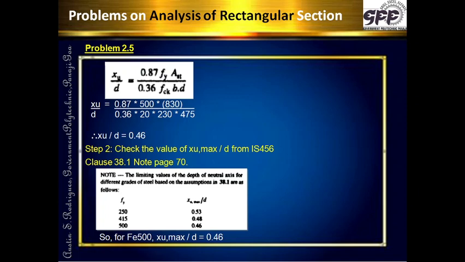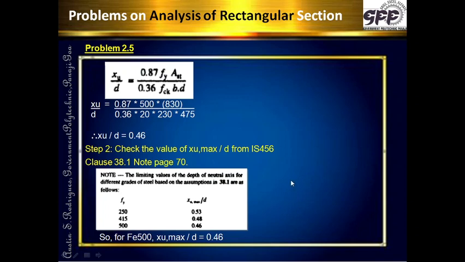As usual, the second step is to check the value of xu max by d from IS 456:2000, clause 38.1, note, page 70. Now here, xu max by d has been given with reference to different types of steel, because it is related to the steel. So for Fe500, we find that xu max by d is 0.46. Now observe one thing over here.